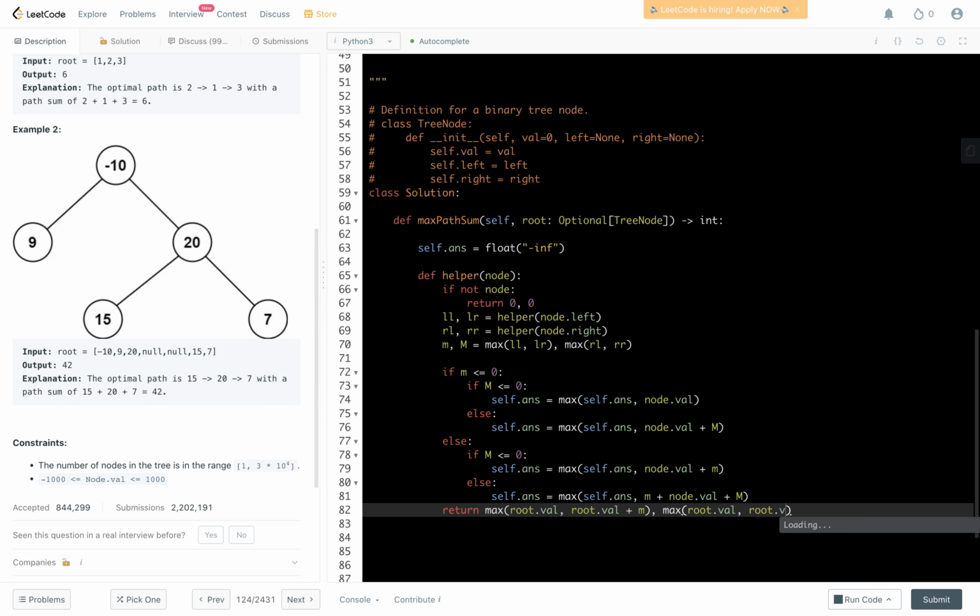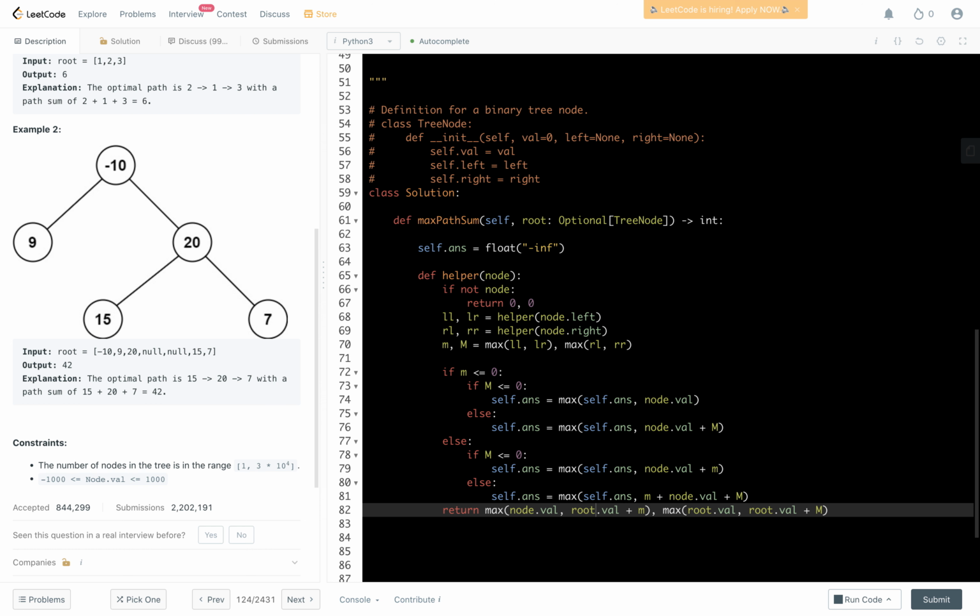So similarly, we can get the right information. First, the root value should be included, and then we can check if we can go to right. If we can go to right, means capital M is positive, then this will be the latter.